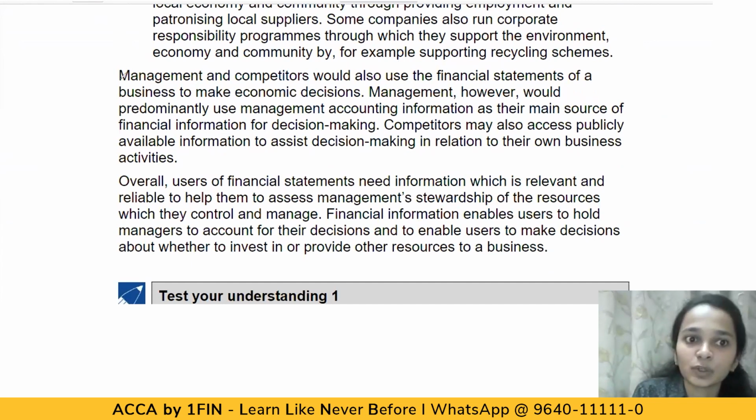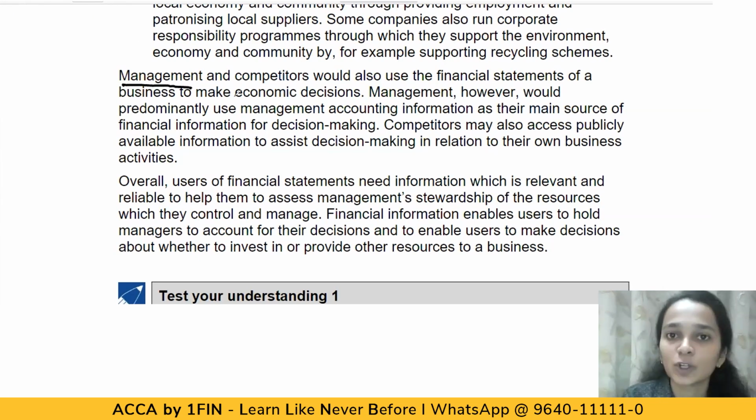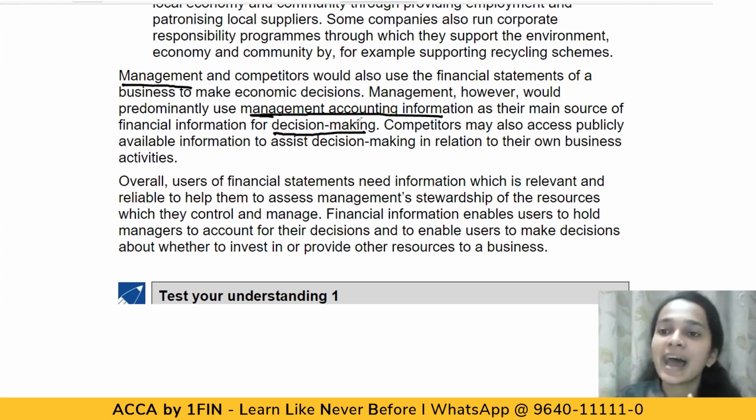As we've already understood, management use the financial statements to make business decisions, and similarly competitors will also use the financial statements of their competing organization to make certain business decisions. Management, however, would predominantly use management accounting information as their main source of financial information for decision making. And the competitors will use the final accounts which are available with them in order to make business decisions.